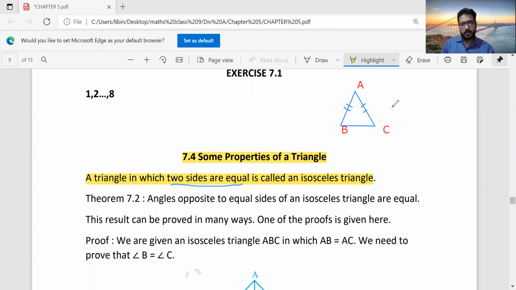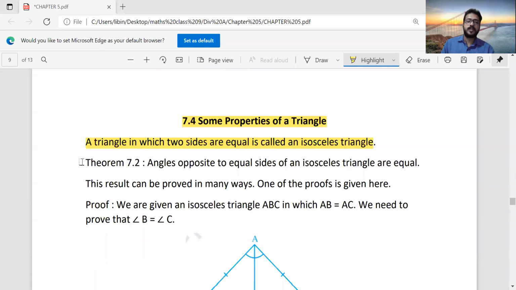Anyone who doesn't know what is meant by an isosceles triangle, just learn now, because we are using this property of a triangle to prove some theorems and to learn some properties. Okay, so let us move.